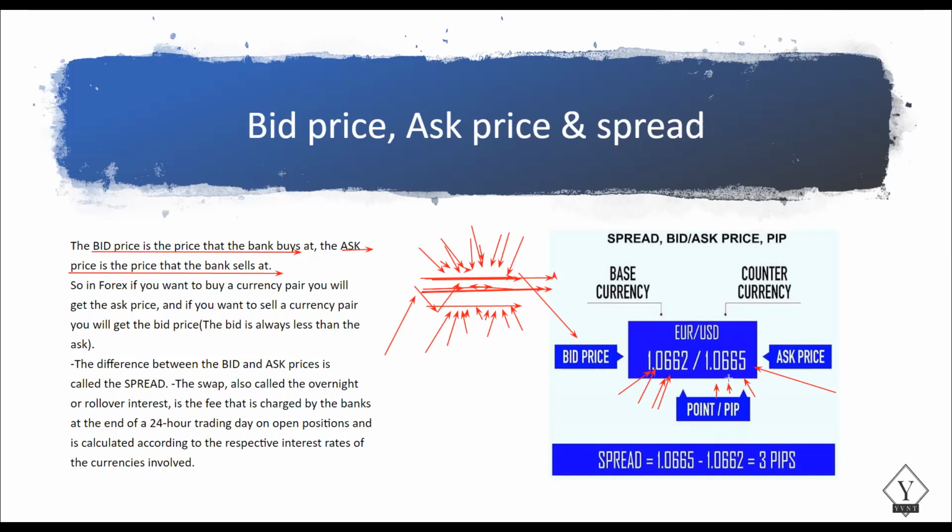Those are the prices that you are going to use, right? So the moment you open a trade, if this is the current bid price and you buy, this is where your trade is going to be opened. If you're going to sell and the ask price is at this price, this is where your trade is going to be opened, right?